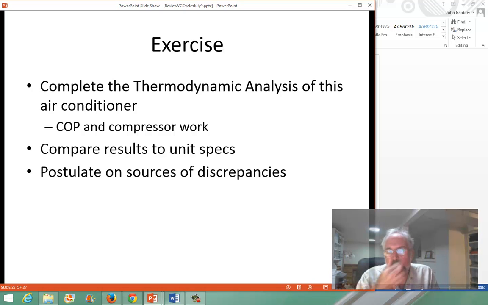So we can find a COP that our thermodynamic analysis suggests it should be. And so I want to look at what it is relative to the specs of the unit, and then postulate on why they're different. And I assure you they're going to be different. And let's talk about that, and we'll make that part of our discussion as we go along.